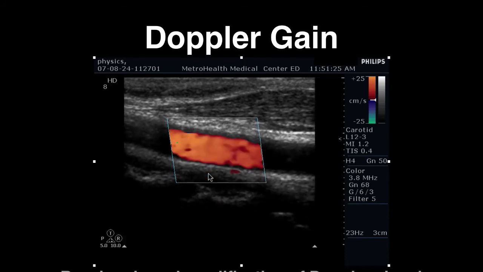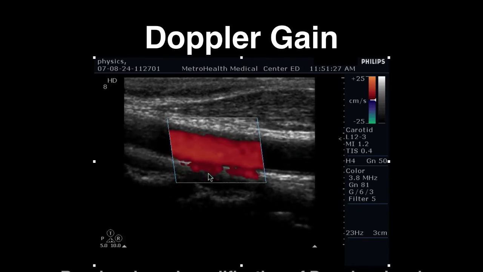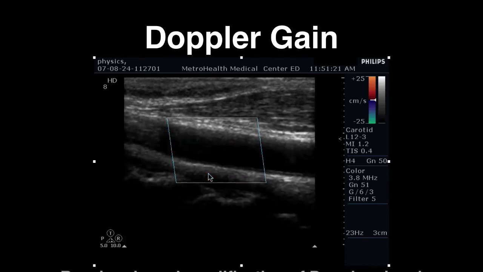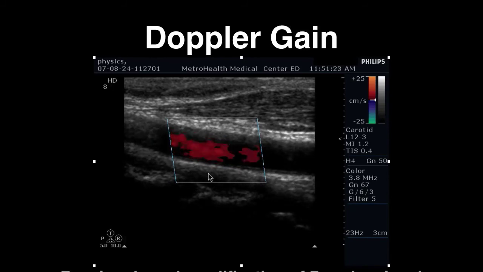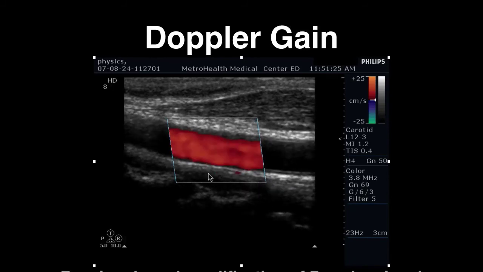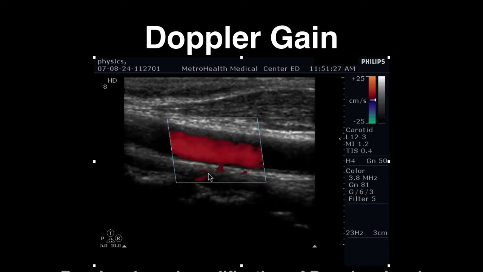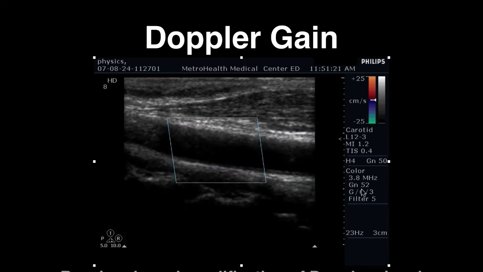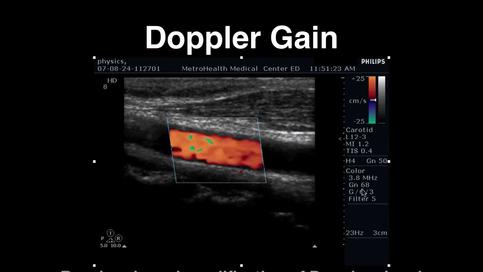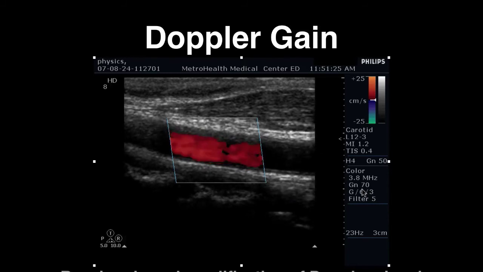And just like with B mode gain, once you start getting those artifactual signals, you come back down till they disappear, and then you're for the most part optimized. And here you can see numerically that we're increasing the Doppler gain.